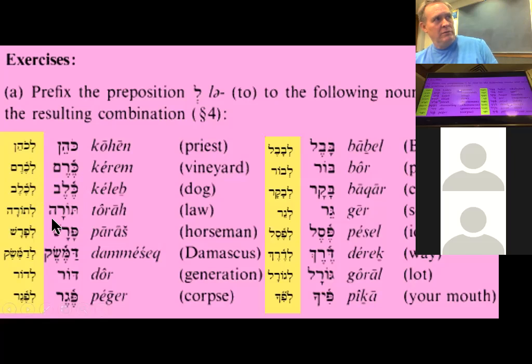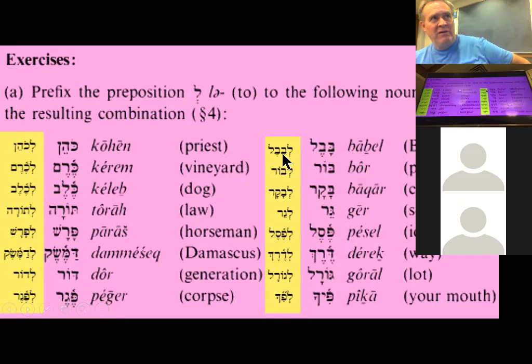Torah doesn't change, it's La Torah. Parash changes to La Farash, with an F sound there. Damascus, which is Dameseq, doesn't change, it's La Dameseq. Dor and Lador didn't change. Peger would be La Feger, so that would change like an F.